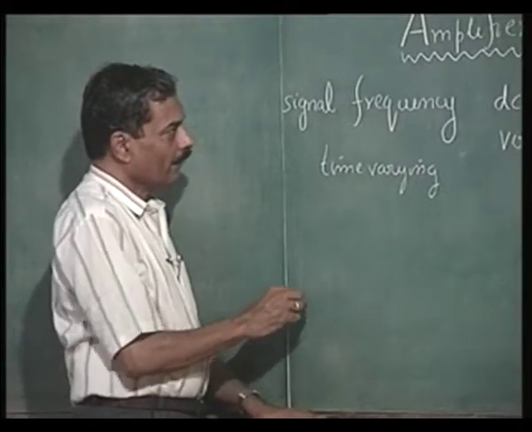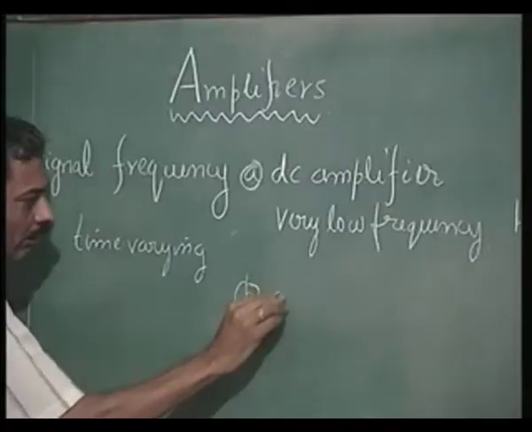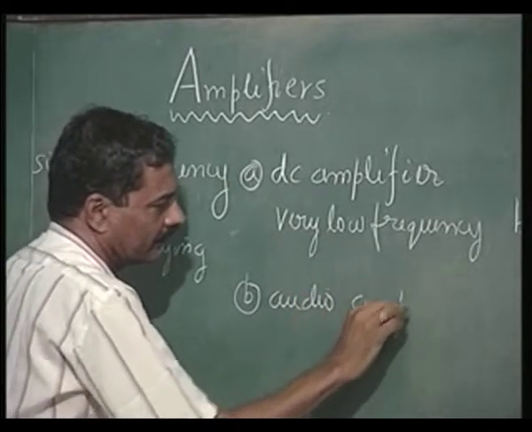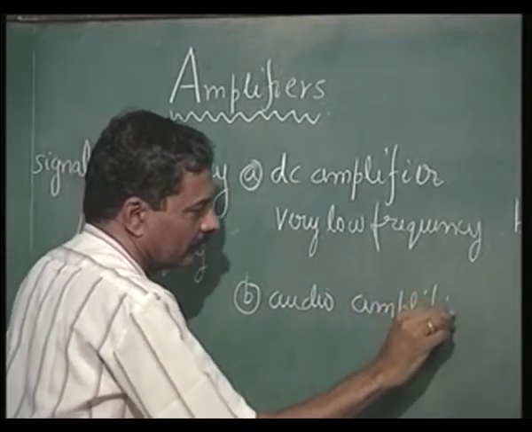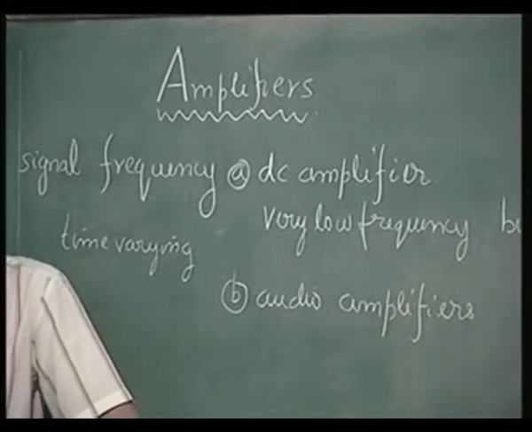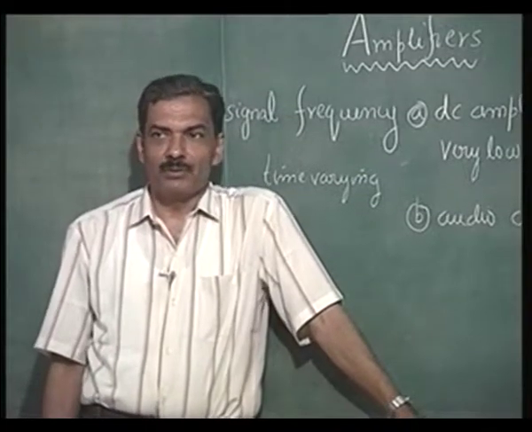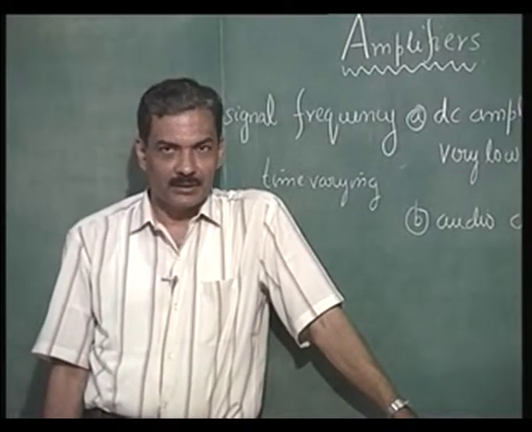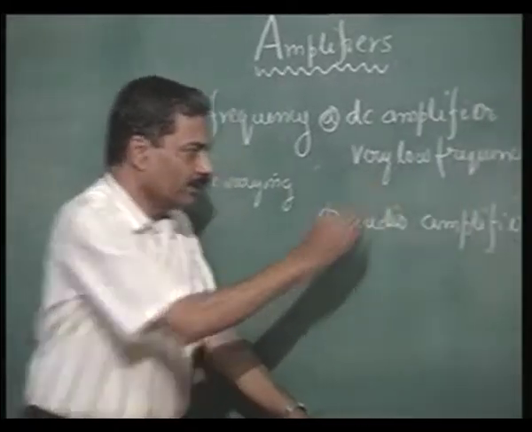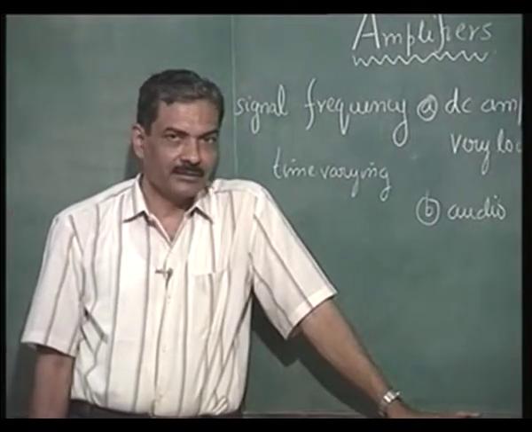Then we have audio amplifiers. Audio range, good audio quality signal, maybe up to about 15 to 20 kilohertz. Right? So this range of signals when amplified need audio amplifiers.